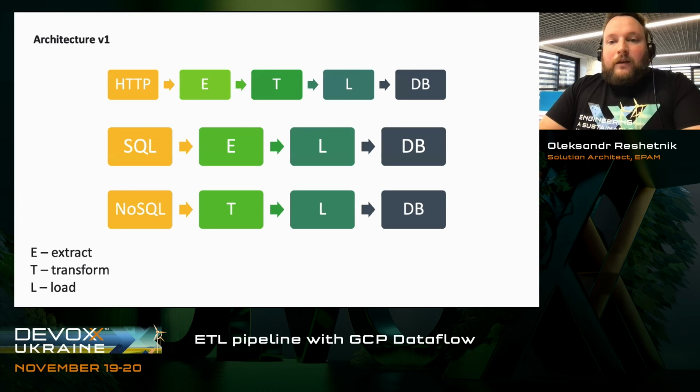So, the next important question from our customer was how to organize data pipelines from different data sources and allow other teams to build their own pipeline without support from our team.